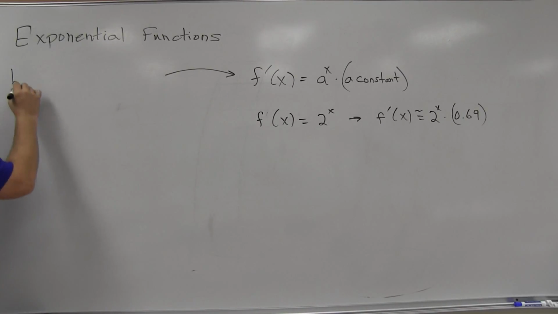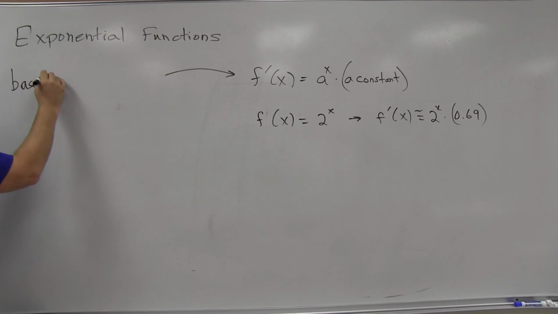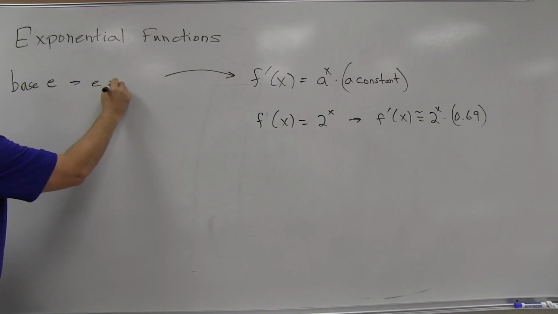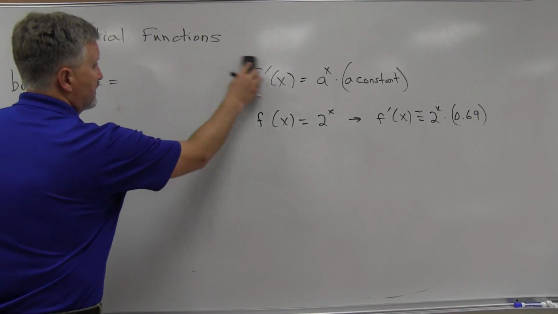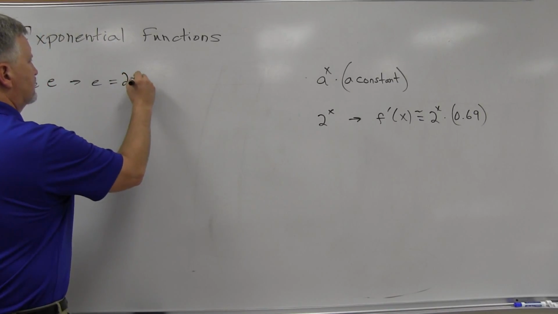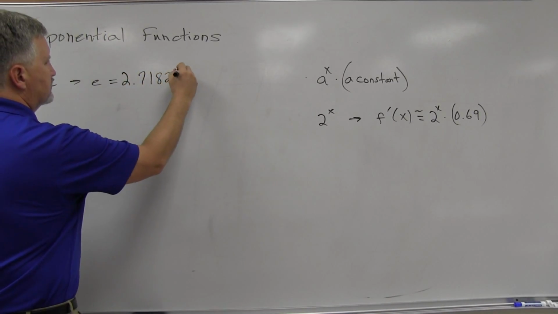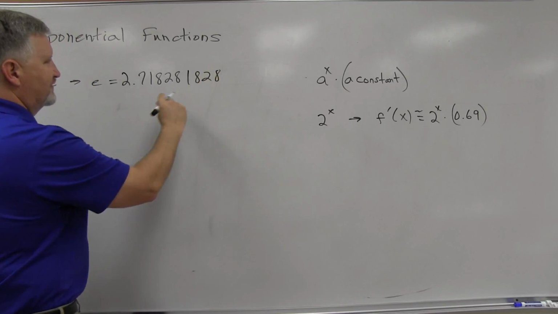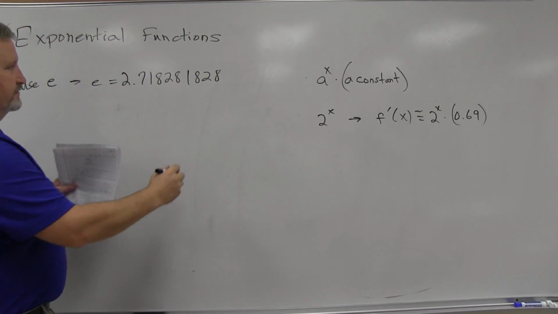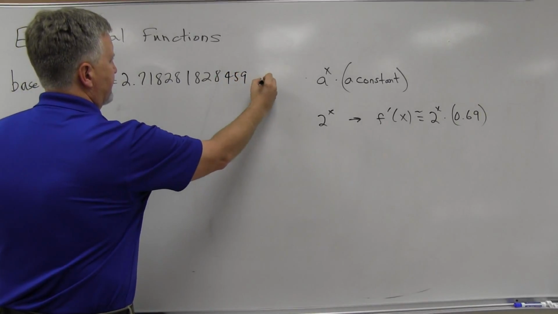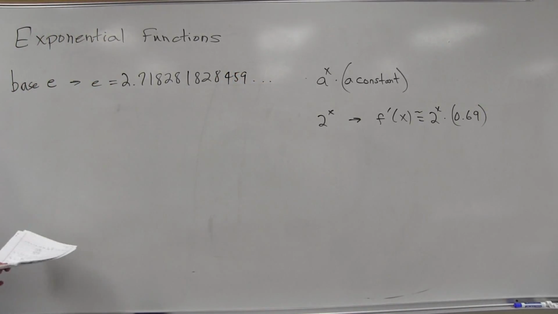We do a little bit of that in some of the algebra, but e is a constant like pi, 2.71828. It looks like it repeats 1828, but the next digits are 459. So it's like pi, it's an irrational number. It doesn't repeat or terminate.